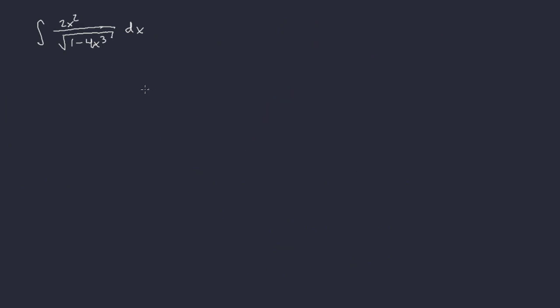All right, so let's say we have the integral of 2x squared all over the square root of 1 minus 4x cubed. So my first thought is that the stuff under the square root should be where my u will end up being. So I'm just going to give it a try.